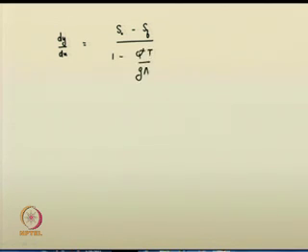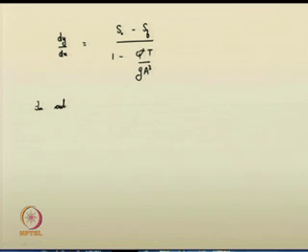So, the dynamic equation for gradually varied flow is S0 minus SF by 1 minus q square T by G A cube.